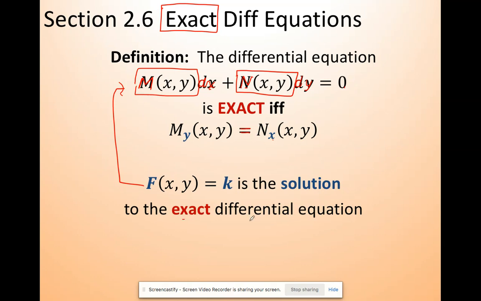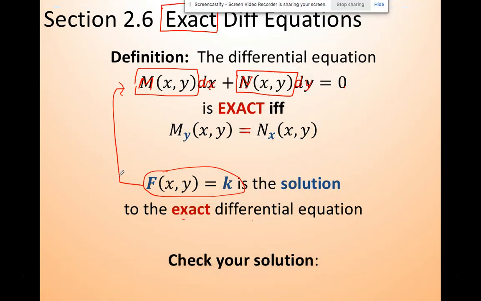So for the exact differential equation, this is what the solution looks like as long as you have an exact differential equation. Now this is where multivariable comes in. Can you think about what that meant when we were in multivariable? I can, of course, always check my solution.